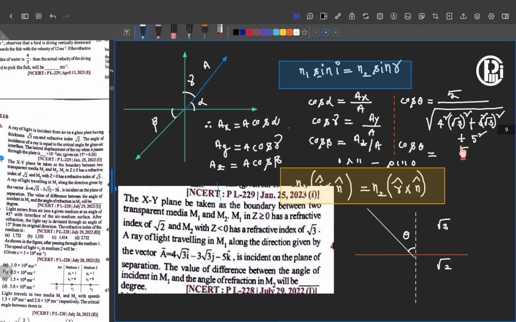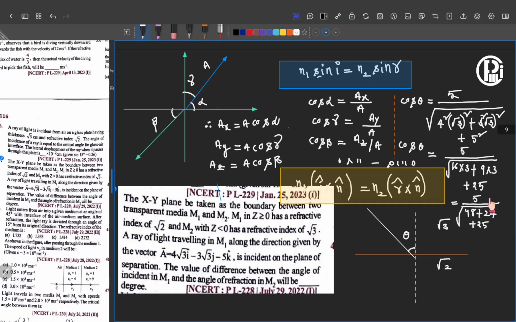So cos theta is equal to 5 by the square root of 16 into 3, which is 48, plus 9 into 3, which is 27, plus 25.